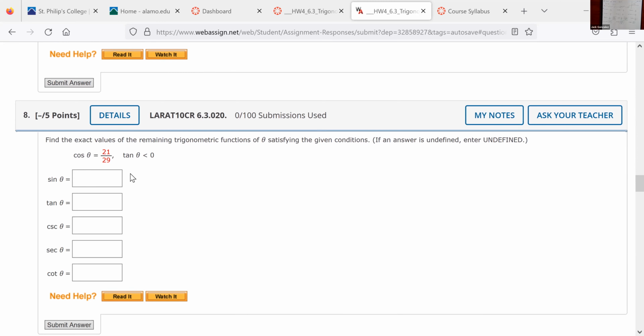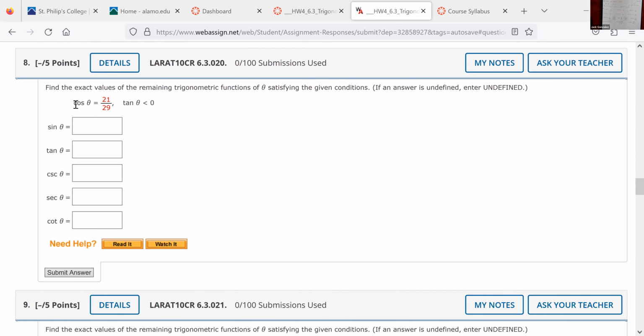Number 8. Here they give us, we'll do this one right now. They give us cosine, right? And then they give us a hint and say, well, tangent is negative. Okay. Well, if tangent is negative, that means, because tangent is equal to y over x, that one of these has to be negative.